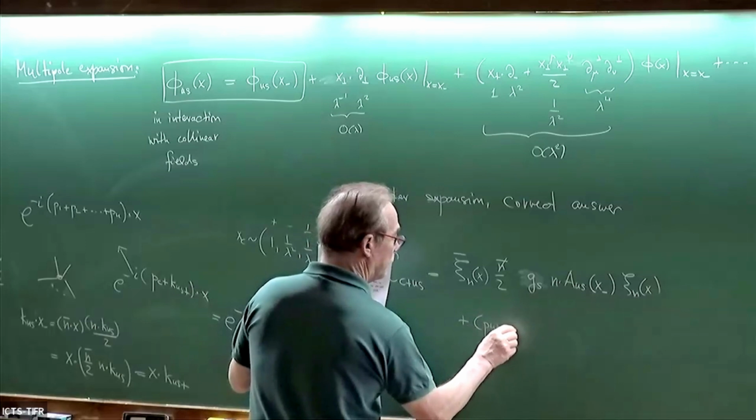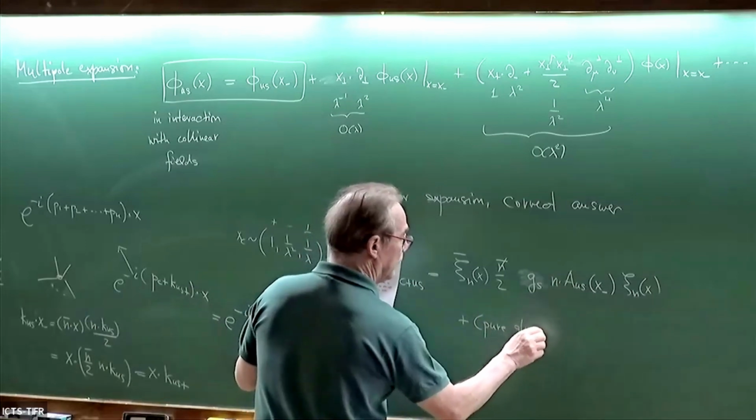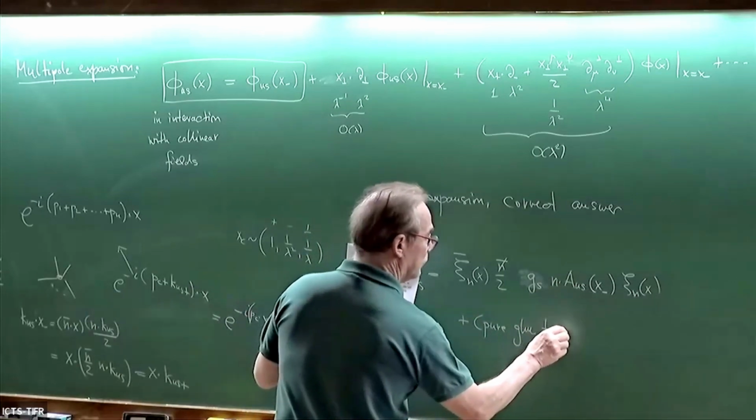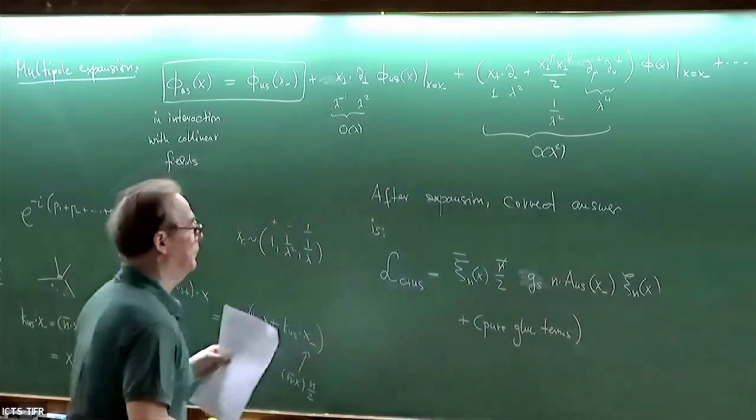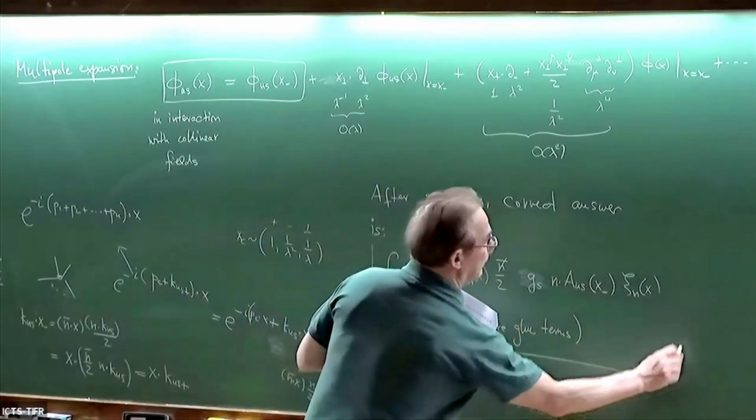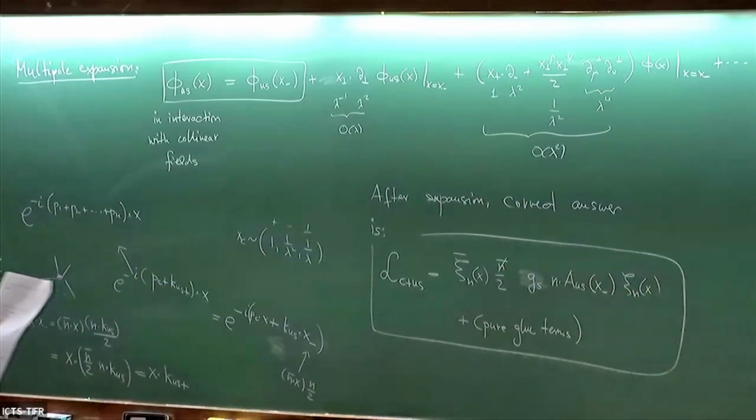And in the pure glue terms, it's the same thing. The collinear fields are at point X. The ultrasoft fields are at point X minus.